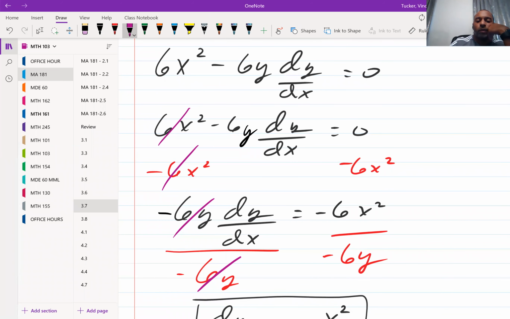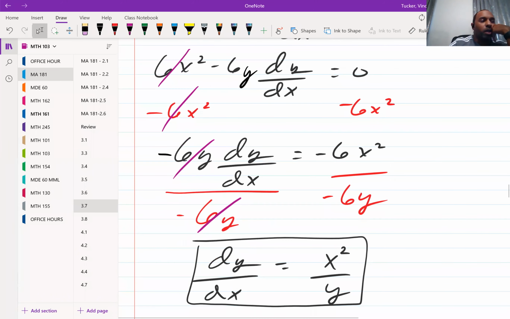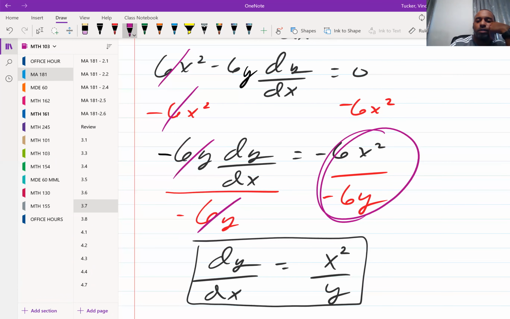All right. So dy/dx is equal to x squared over y, once we simplify this right here.